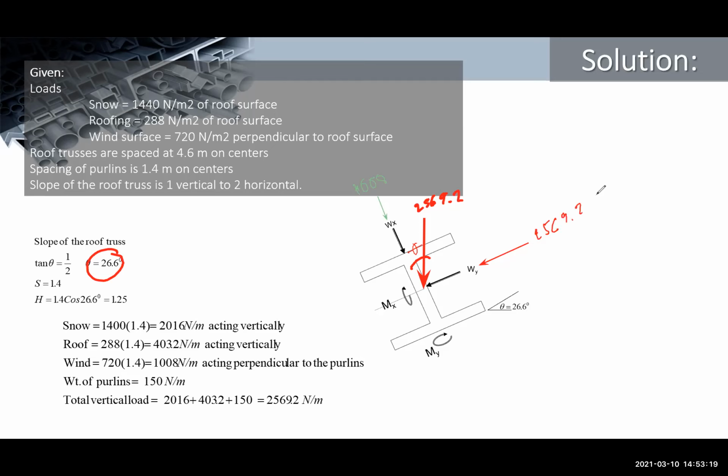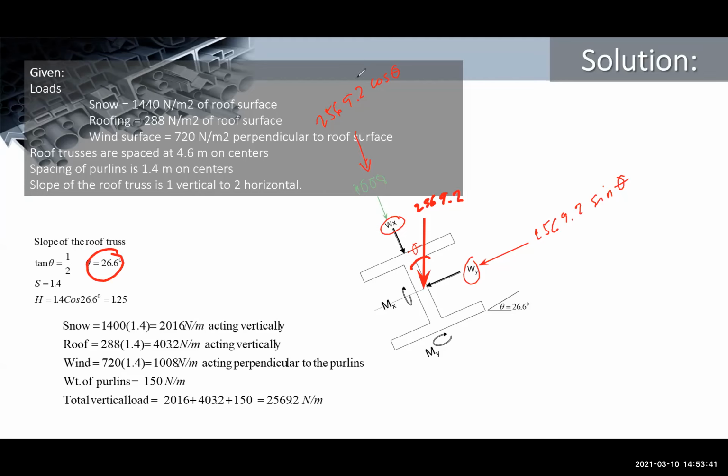So, this is 2,569.2 sine theta. Then, 1,008 plus 2,569.2 cosine theta. Bakit? Kasi diba, kapag nag-compute, what we need is your WX and WY along the normal and the tangential axis.